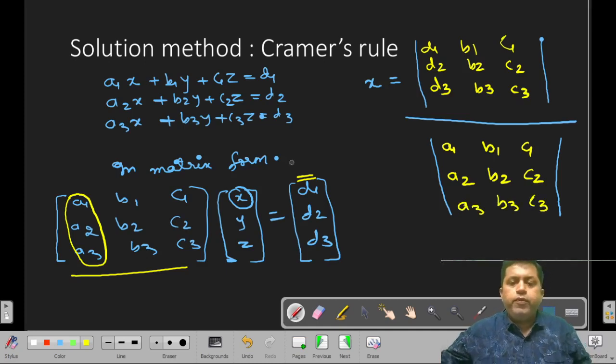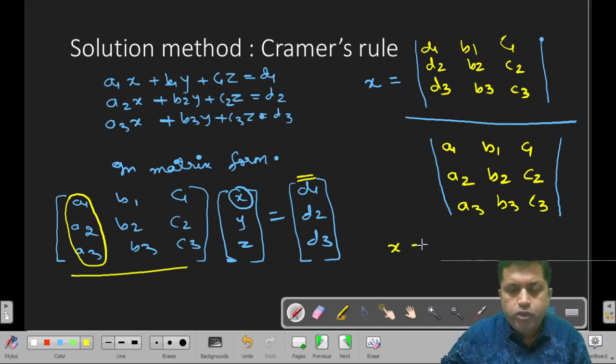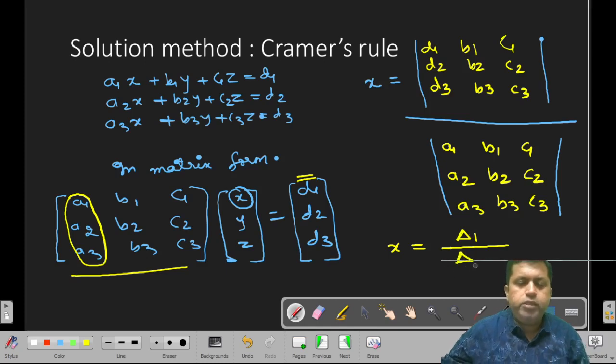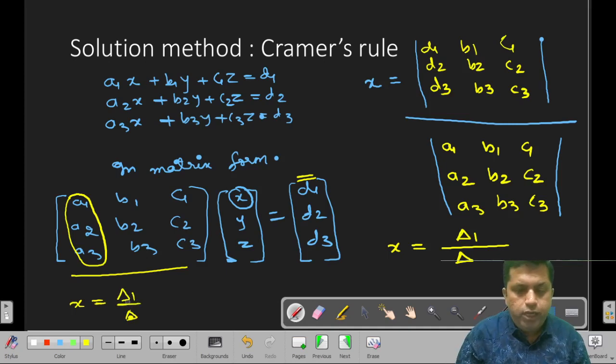This is how you can find X. In short, it is written as delta 1 divided by delta, where delta means the system determinant. So X equals delta 1 divided by delta.